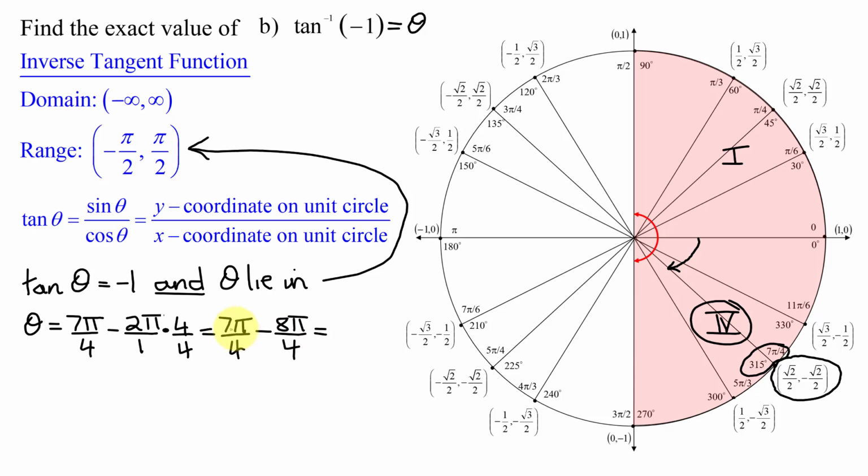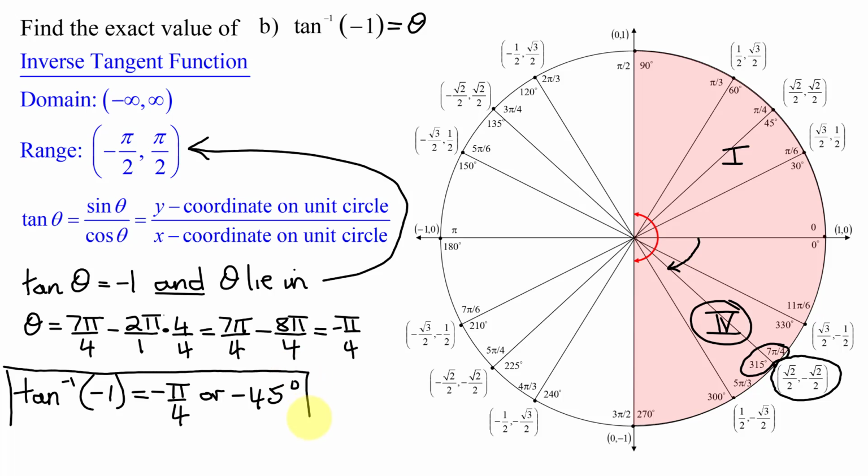So that is 7 pi minus 8 pi is negative 1 pi, or just negative pi over 4. So I know that the inverse tangent of negative 1 is negative pi over 4, or if you have to be in degrees, negative 45 degrees.